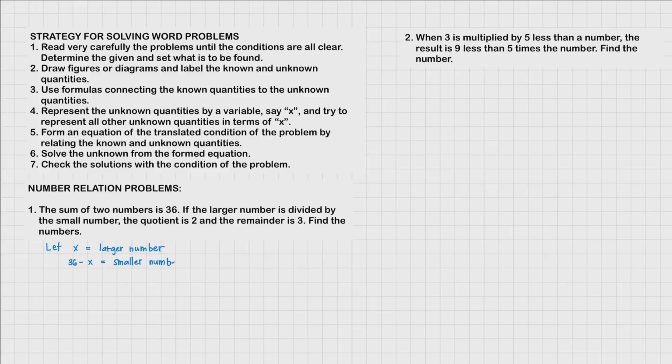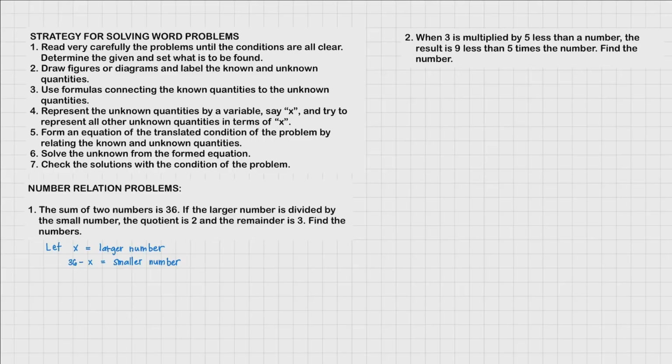So we got this from the first statement. The sum of two numbers is 36. Now from the second statement, if the larger number is divided by the smaller number, the quotient would be 2 and the remainder is 3.